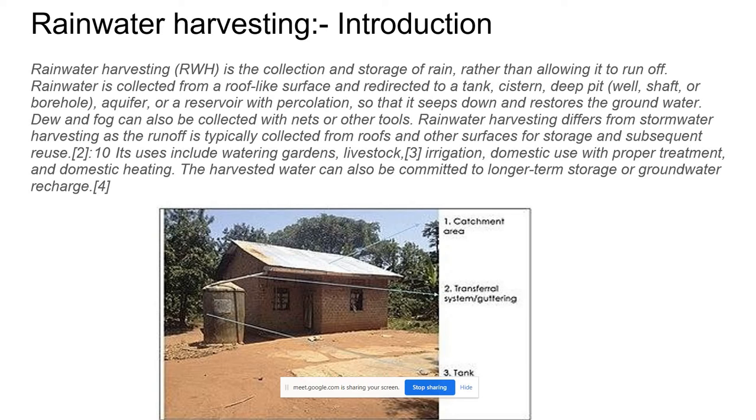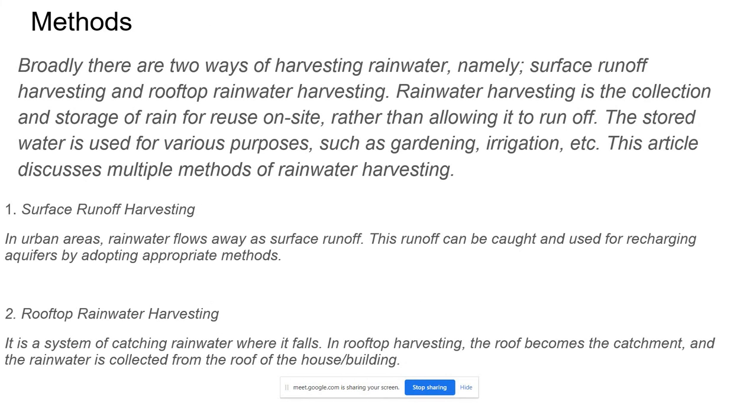Rainwater harvesting differs from storm water harvesting as the runoff is typically collected from the roof and other surfaces for storage and subsequent usage. There are broadly two methods for harvesting rainwater. First one, surface runoff harvesting. In urban areas, rainwater flows away as surface runoff.